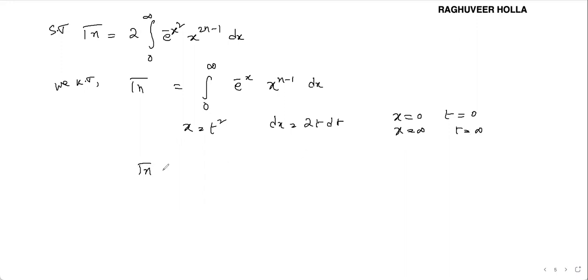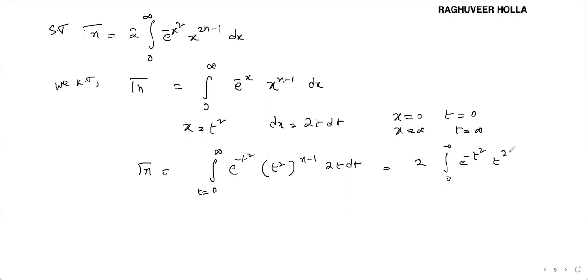So gamma n will be the integral 0 to infinity e to the power of minus t square, t to the power of 2n minus 2, into 2t dt, or 2 times the integral 0 to infinity e to the power of minus t square, t to the power of 2n minus 1 dt.